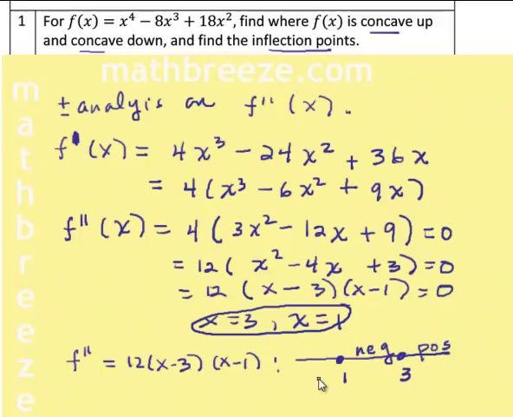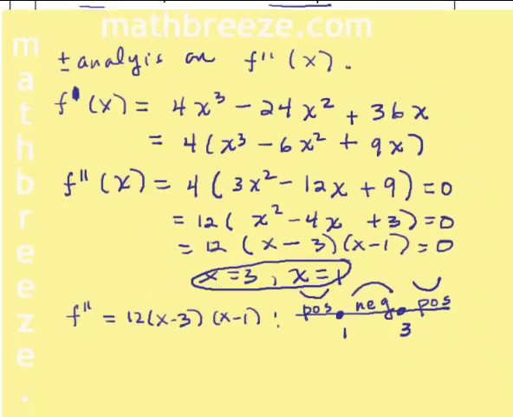Substitute in 0 to the left of 1, and we have negative, negative, which is positive. So positive f double prime means concave up, negative means concave down. So here we have concavity changing, and our function is continuous at 1, and here concavity changing and continuous at 3, so that means that these are inflection points.